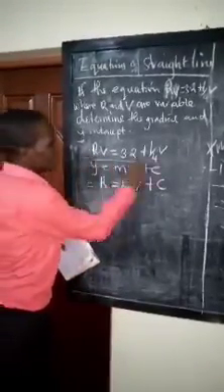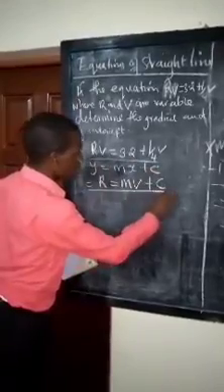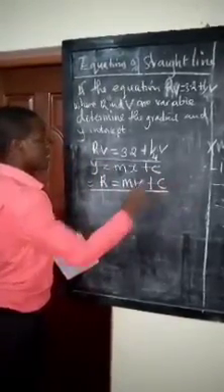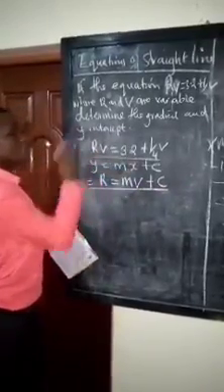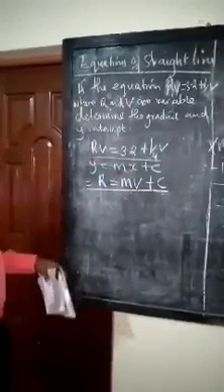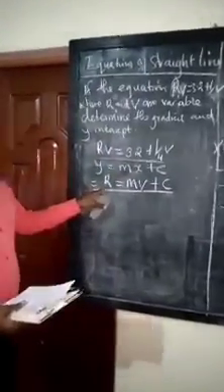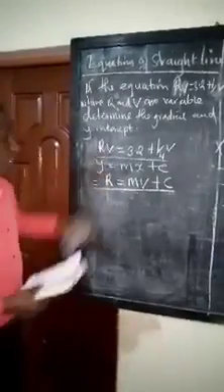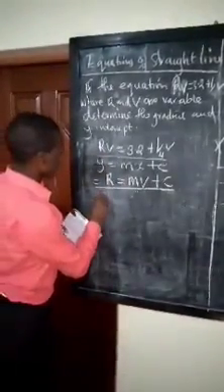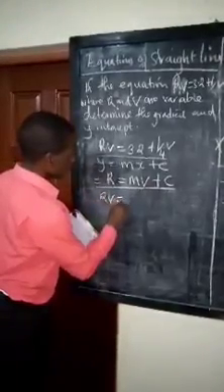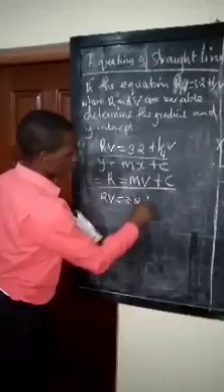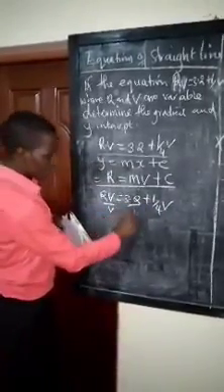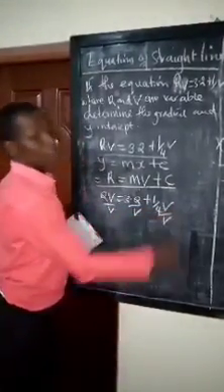So how do we write this equation in the form of r equals mv plus c? On our left hand side, we have r and v. Remember, we want to be left with r alone. So what do we do to our left hand side? We divide by v. We divide all through by v.